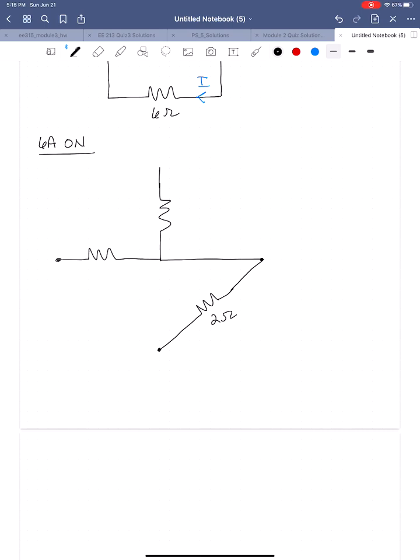Here is the 6 amp source. Here is this 2 ohm resistor. And here is this 2 ohm resistor.